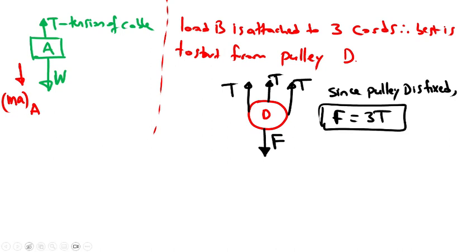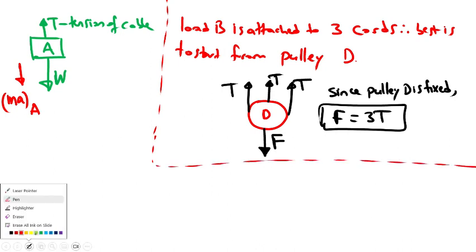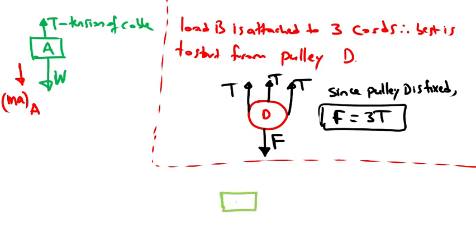Since we solved pulley D, now we can move to the load B. For the load B, it will have a weight downwards, which is very clear.